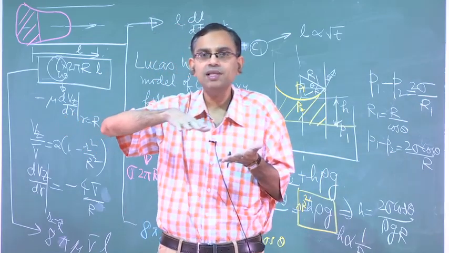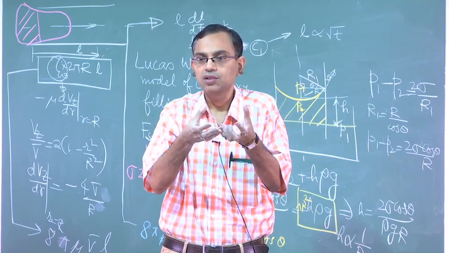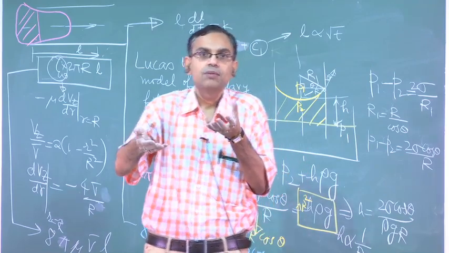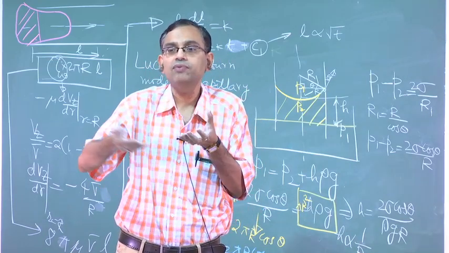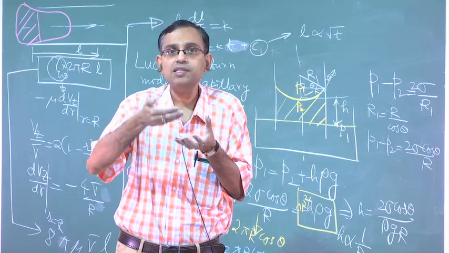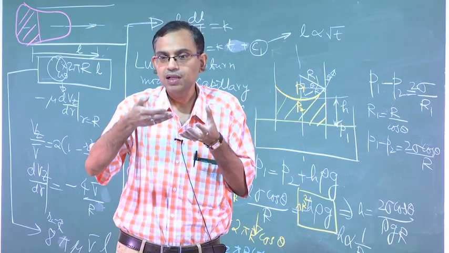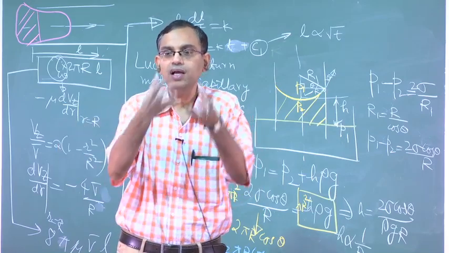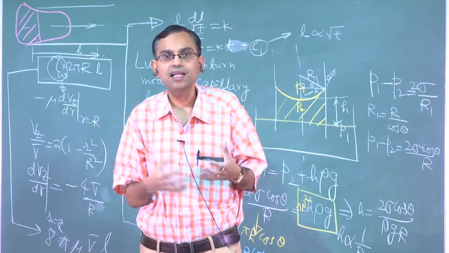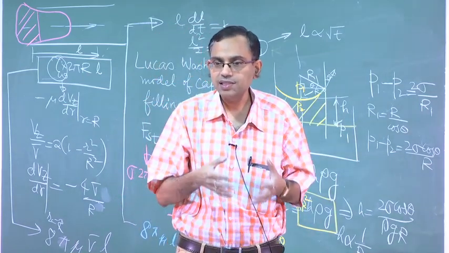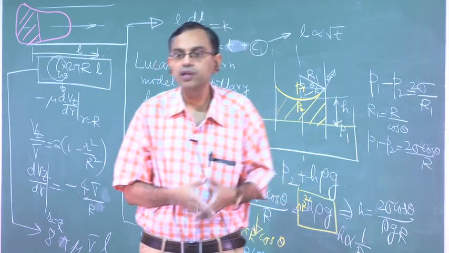Cell free layer means the red blood cells come away from the wall and join the center line. So, the wall of the microchannel becomes devoid of red blood cells. Had the red blood cells been placed at the wall, that would have enhanced the viscous effect, but now the walls are devoid of red blood cells, and that makes the effective viscosity less. In medical science this is a very remarkable phenomenon called the Fahraeus-Lindqvist effect.